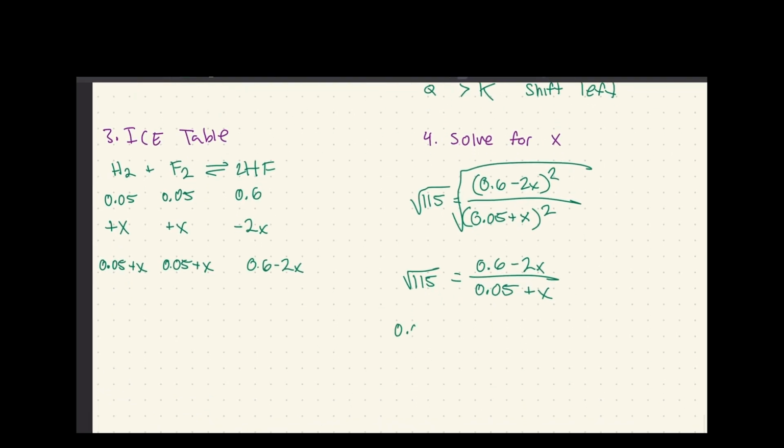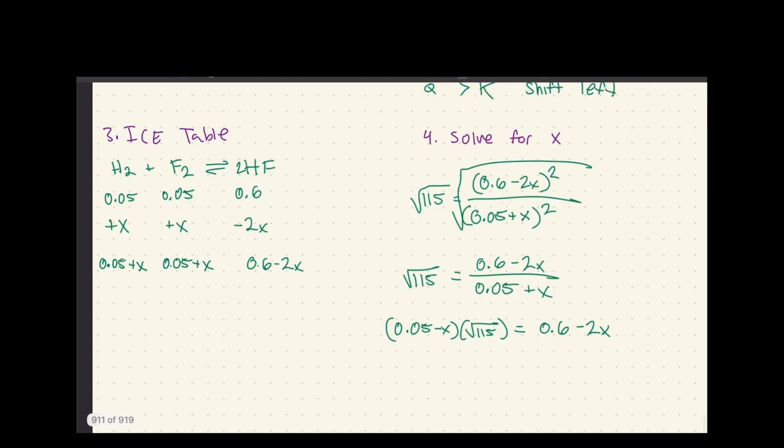Now I'm going to cross multiply because I'm trying to isolate x. So here I'll have 0.05 plus x times the square root of 115 is equal to 0.6 minus 2x. If I distribute that, I get the square root of 115 times 0.05 plus the square root of 115 times x equal to 0.6 minus 2x.